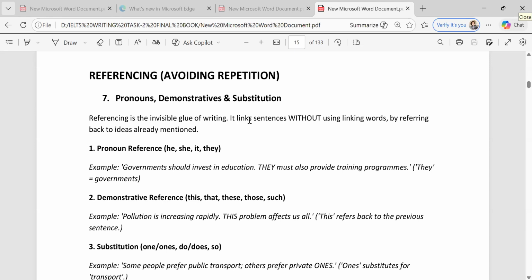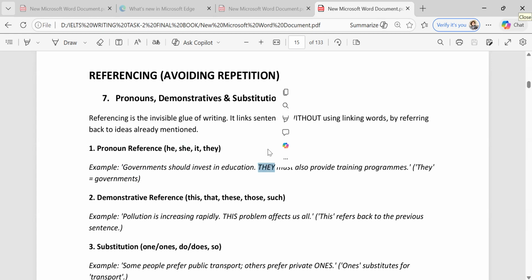So it links sentences without using linking words by referring to what? Back to the ideas already mentioned. For example, pronouns refer to he, she, it, they. Never use he, she. Try to use it and they. Let's take an example here. Governments should invest in education. Can you see now the topic is what? Government. So if governments, that's plural, should invest in education, they must also provide training programs.